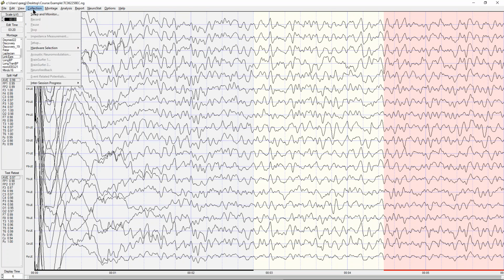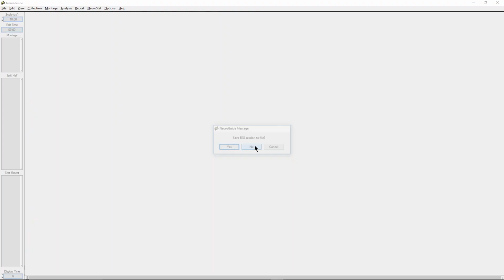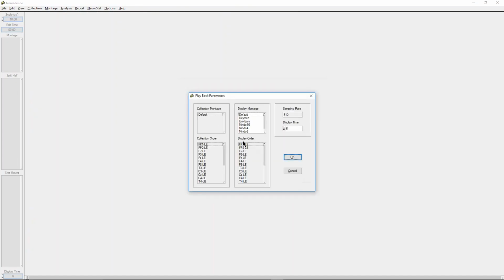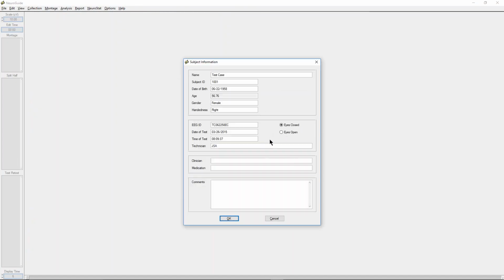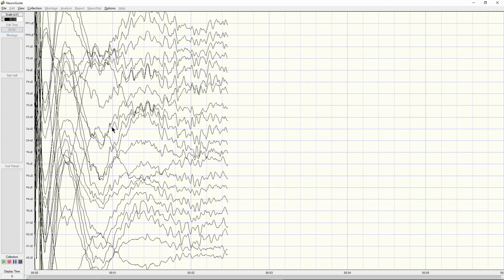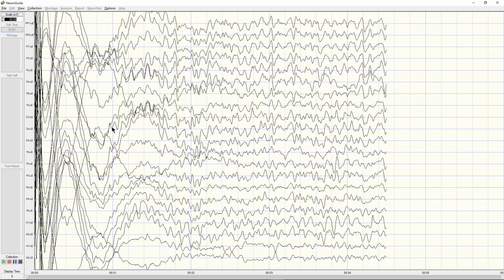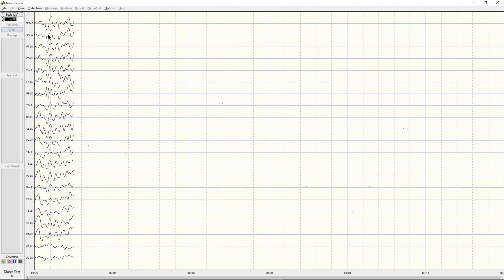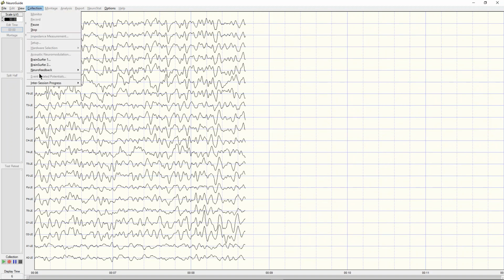And now I'm going to play back this file, and I'm going to use it as my file. Then I'm going to go to neurofeedback.